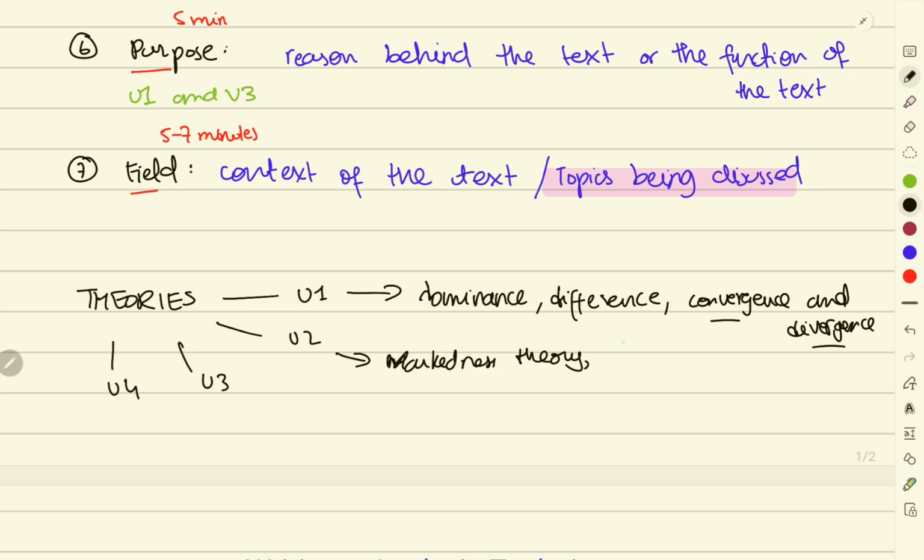So markedness theory, substrate influence, what else? You can write received pronunciation as well, and fossilization even.